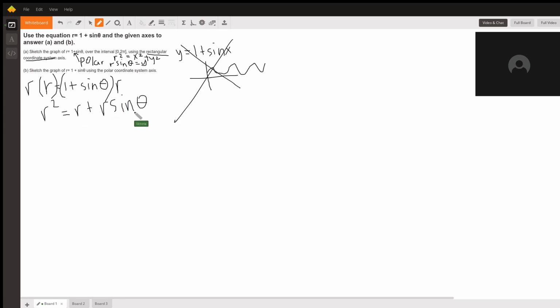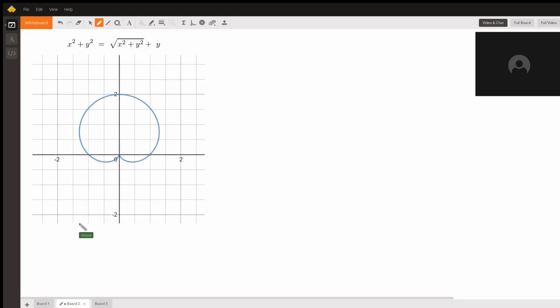Now, this is the rectangular coordinate y. We don't have much choice for r. It's the square root of x squared plus y squared. But by making the left side r squared, we get to just use x squared plus y squared and not have a radical. And if you graph this, you get what we see here.